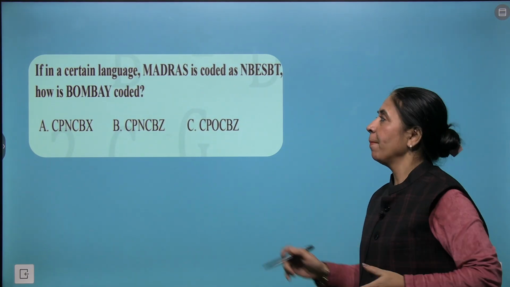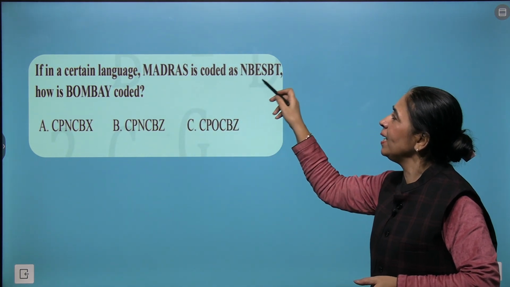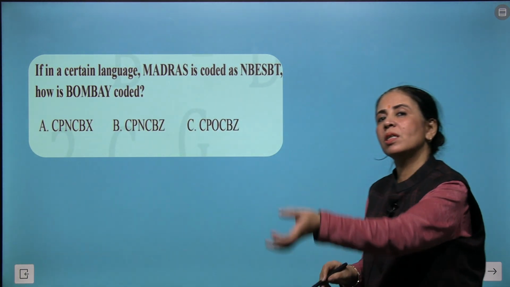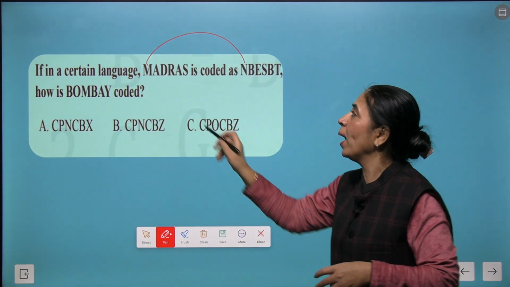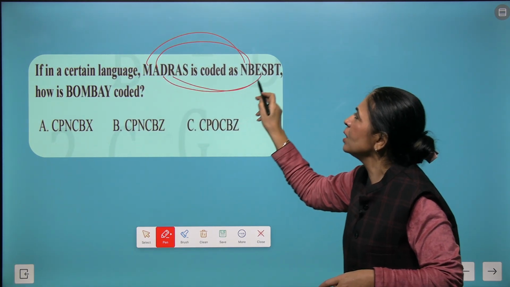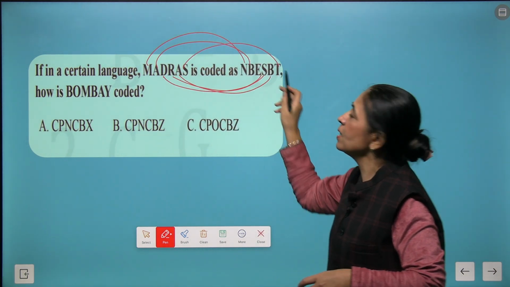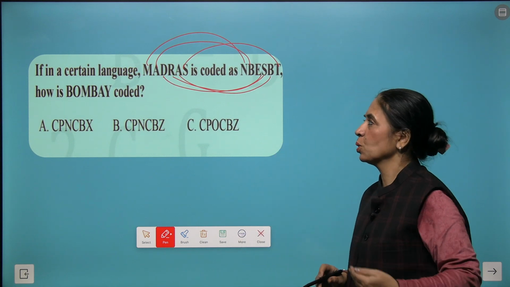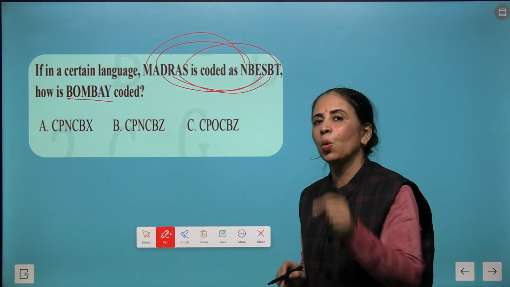Now we'll look at this example. In a certain language, Madras is written as NBESBT. Here we need to see how this word is converted, and we can see that M plus 1 gives you N, A plus 1 gives you B, D turns to E, R is followed by S, then B comes after A and S is followed by T. So every time we have added +1, and you need to check how you are going to write the code for Bombay.